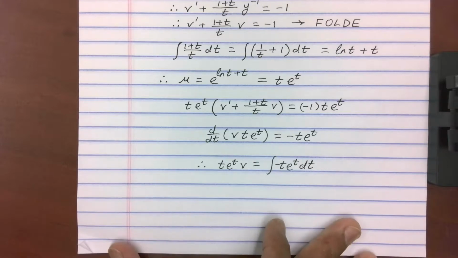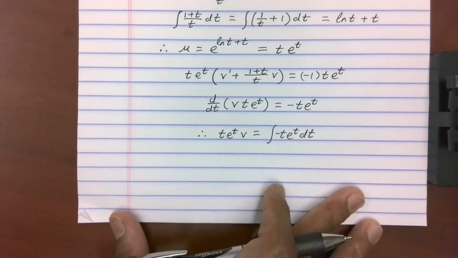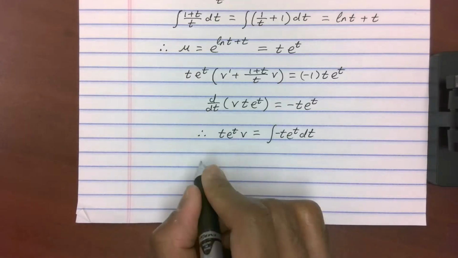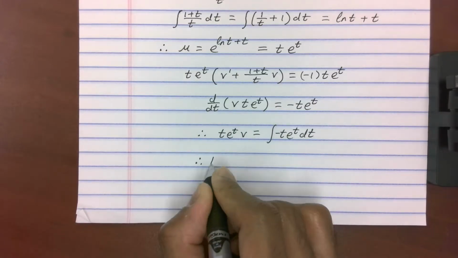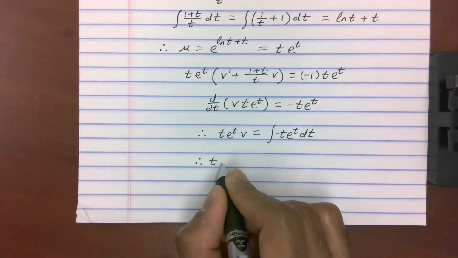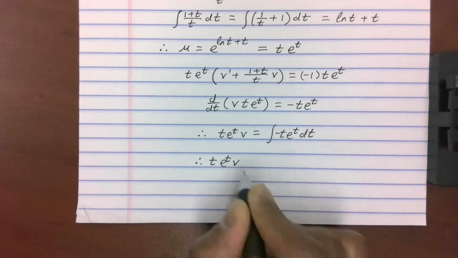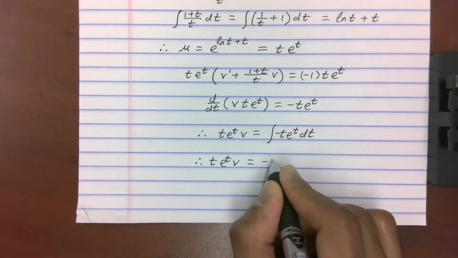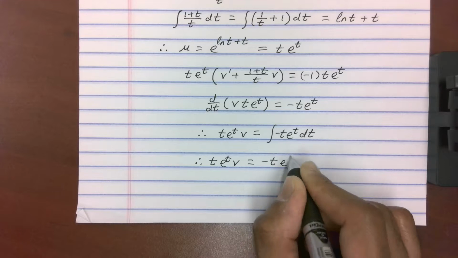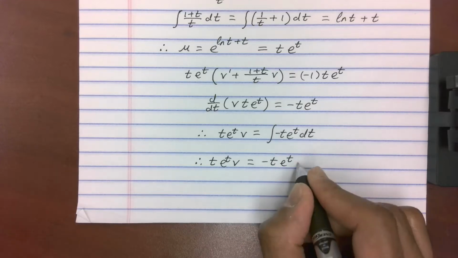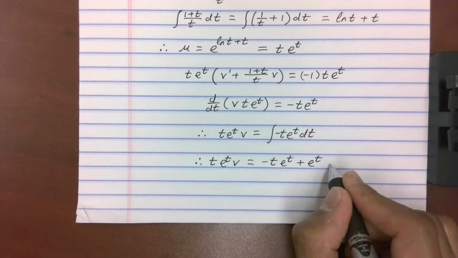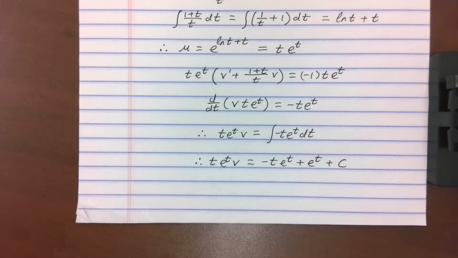Now, this integral on the right-hand side may be evaluated using integration by parts. So if you use integration by parts, you end up getting t times e to the t times V is equal to negative t e to the t plus e to the t plus some arbitrary constant c.